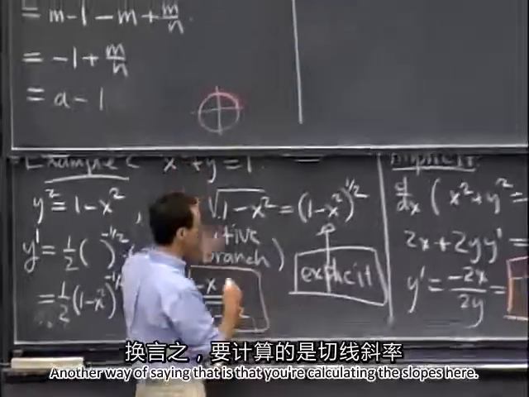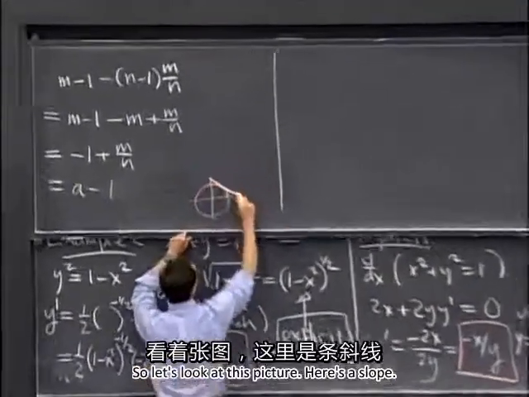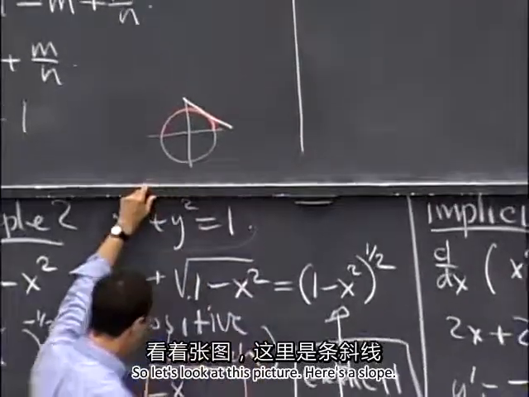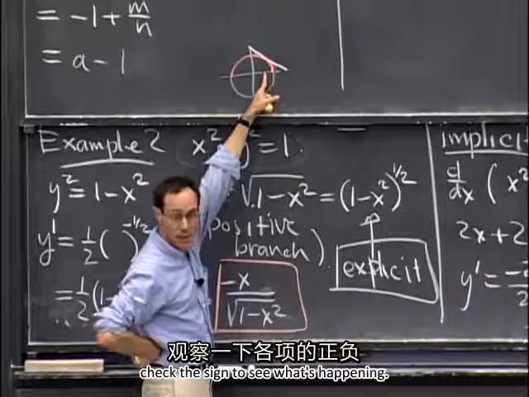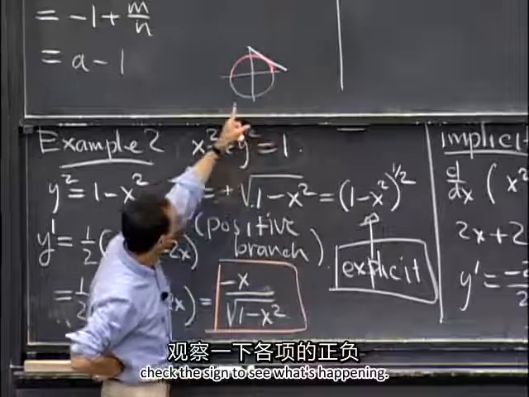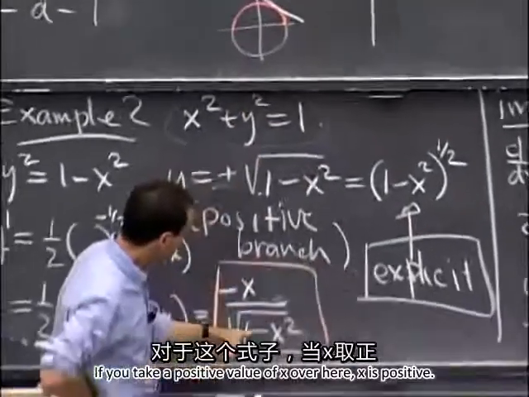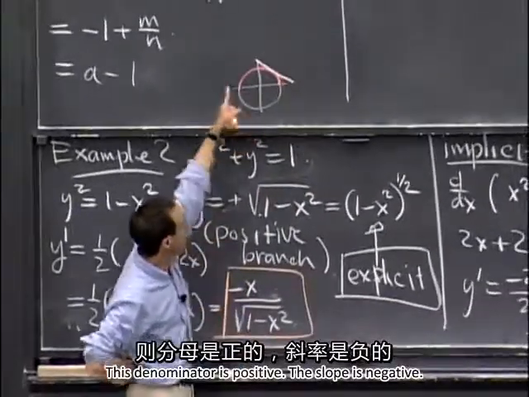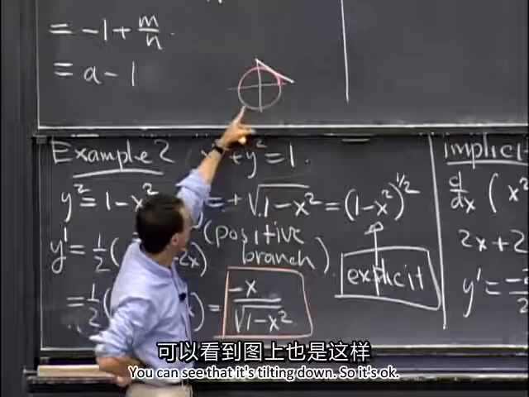Another way of saying that is that you're calculating the slopes here. So let's look at this picture. Here's a slope. Let's just take a look at a positive value of x and just check the signs to see what's happening. If you take a positive value of x over here, x is positive, this denominator is positive, the slope is negative. You can see that it's tilting down. All right? So it's okay.